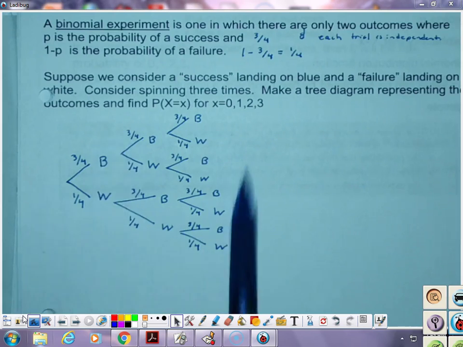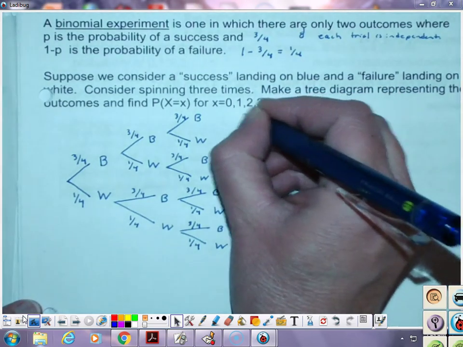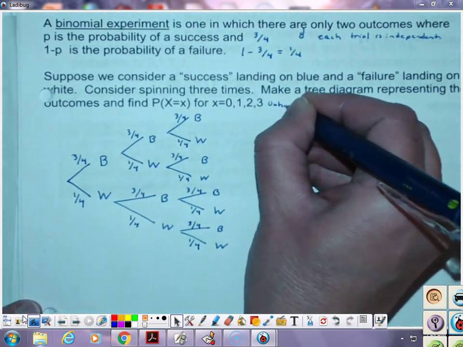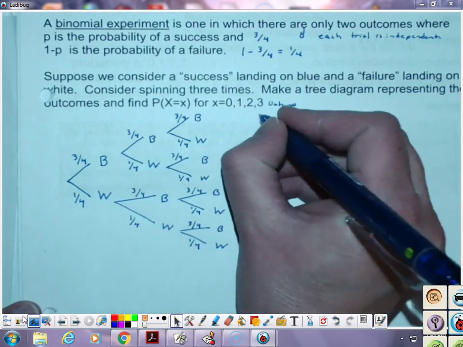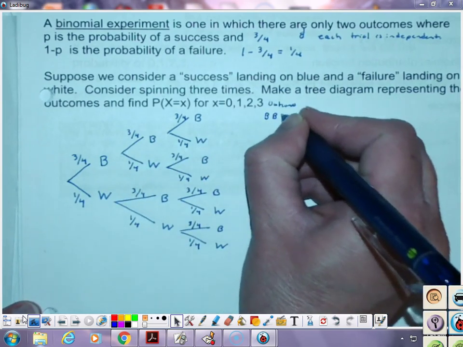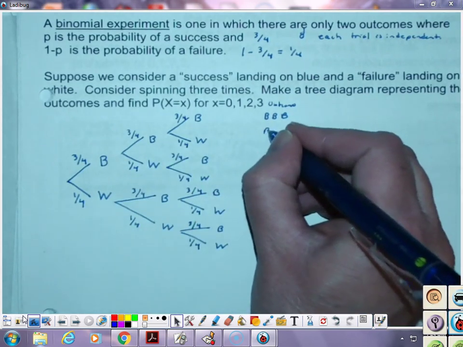Alright, so this is representing for us all the different possibilities that we could have if we did the spinner 3 times. I'm going to list the outcomes over here on the right hand side. So I'm going to follow the path like blue, blue, blue. Blue, blue, white.